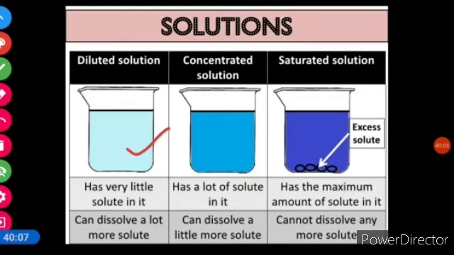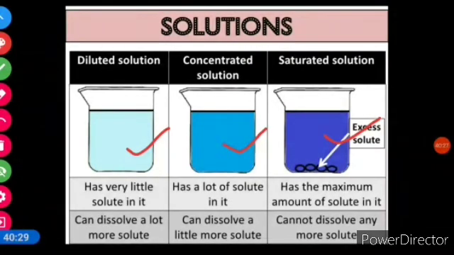It is called concentrated when we dissolve lots of solute in it, a little more solute is dissolved in it. And it is called saturated when we dissolve the maximum amount of solute in it.